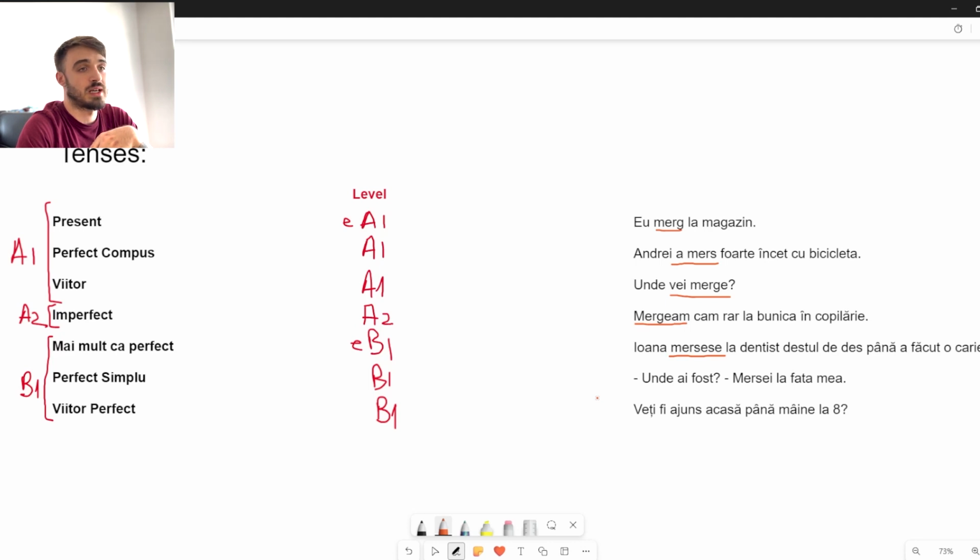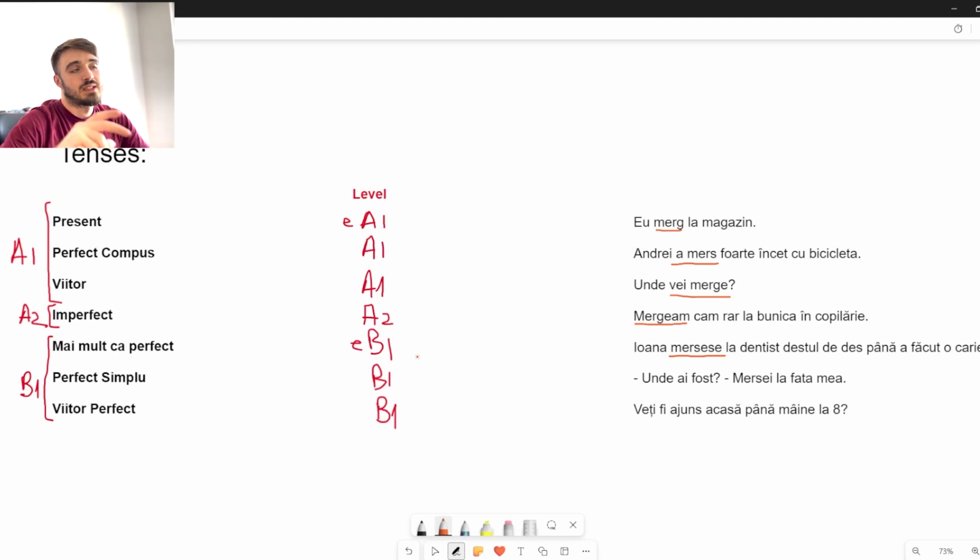it's spoken, like if you meet somebody from the southwest, from Oltenia, you will not really understand what they say because they do not use perfect compus. They will understand you if you use just perfect compus, but you will not understand them because they will use perfect simplu most of the time. Also in literature, it's very common.